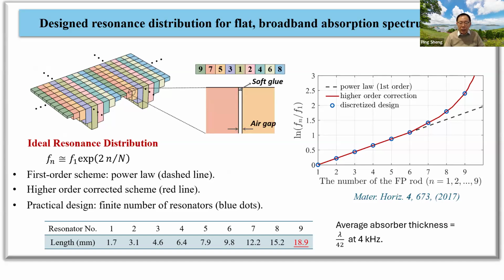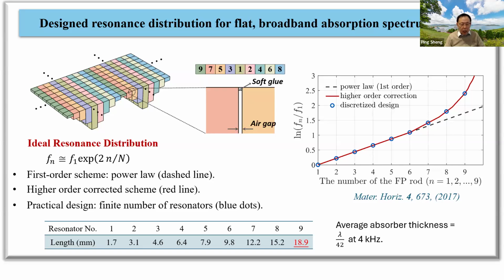The red line takes into account the higher order corrections, the high order resonance, for the 5 Pro. And you can see that we use 9 discrete resonators, and they have different lengths, and each piece is separated from its neighbor by a small gap, like 50 microns.